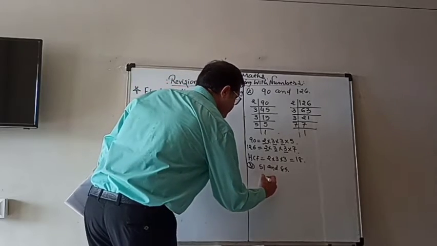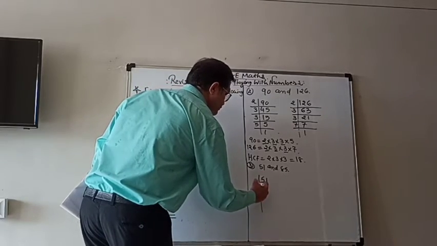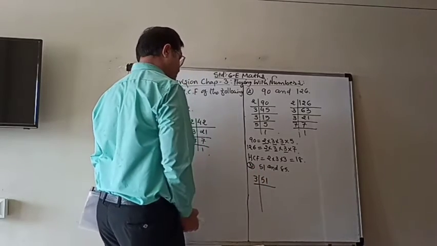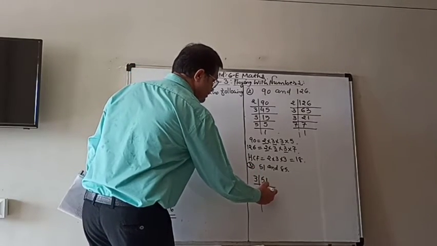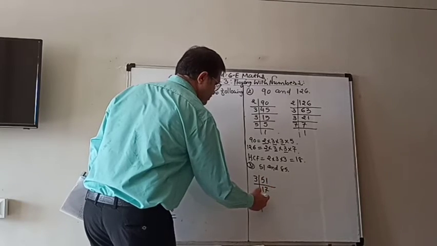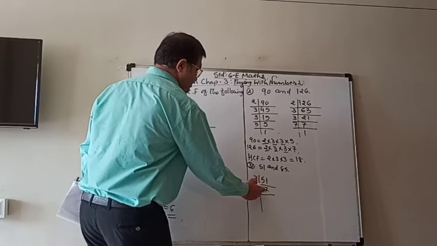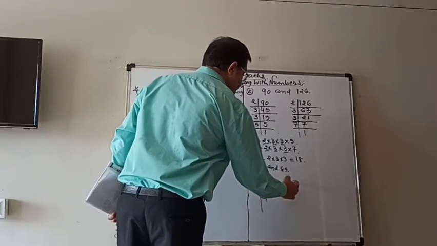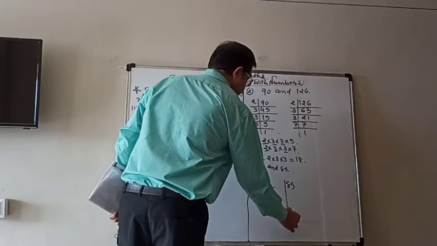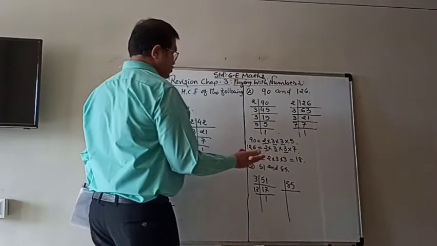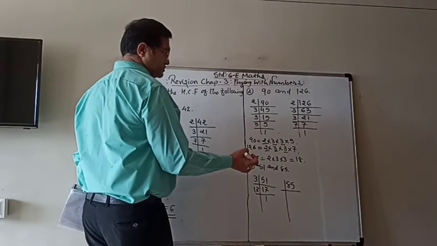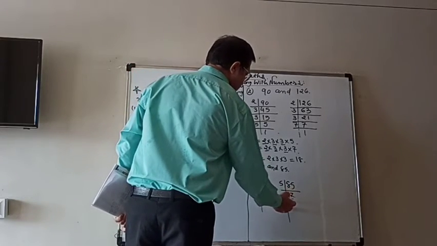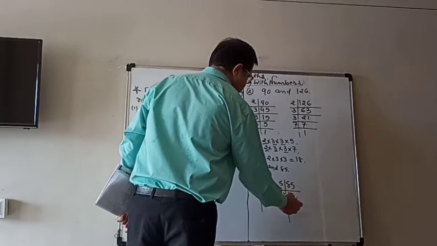Now 51, 5 plus 1 is 6, which is divisible by 3. 3 17s are 51, but 17 is a prime number, so 17 1s are 17. 85 is not divisible by 2, not divisible by 3, so 5. 5 17s are 85, again 17 is prime.